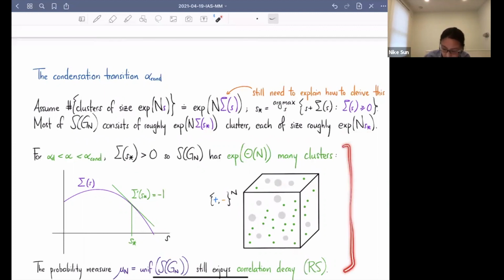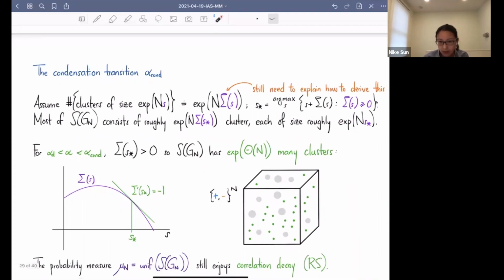In this regime, because you have so many clusters spread around the cube in a diffuse way, it's reasonable to expect that the uniform measure over the solution space would still enjoy correlation decay, because if I reveal to you that this variable is plus, it doesn't tell you so much about another variable if that other variable is far away.